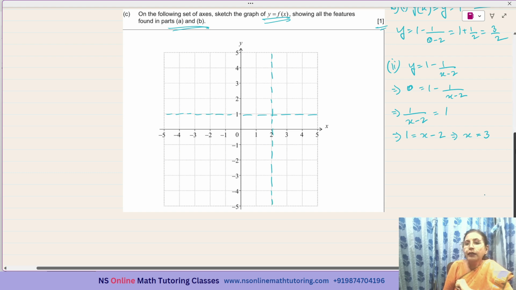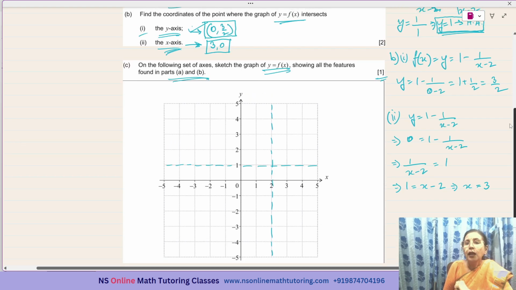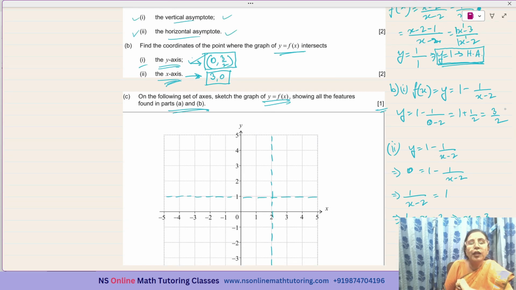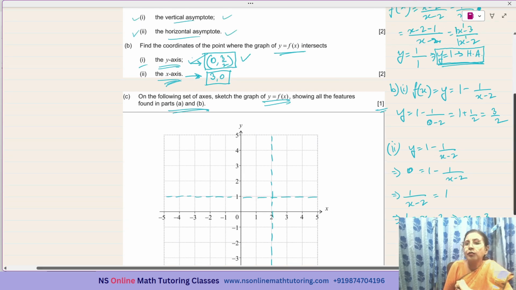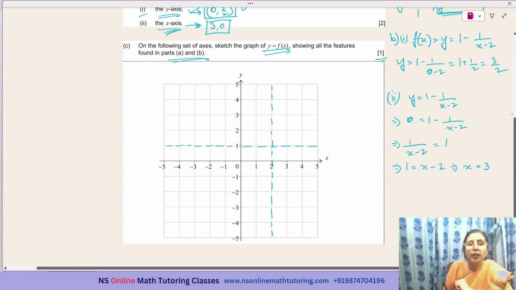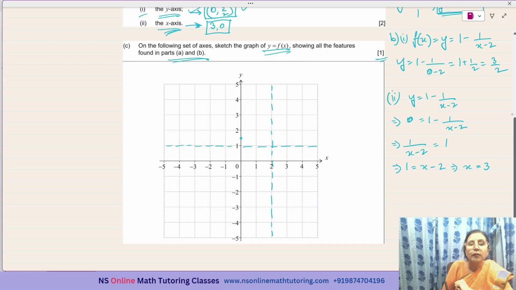Okay. And then the intercepts: 0, 3 over 2. 0, 3 over 2 may be over here. Okay. This is 0, 3 over 2. And another one is 3, 0. So what can be the graph?